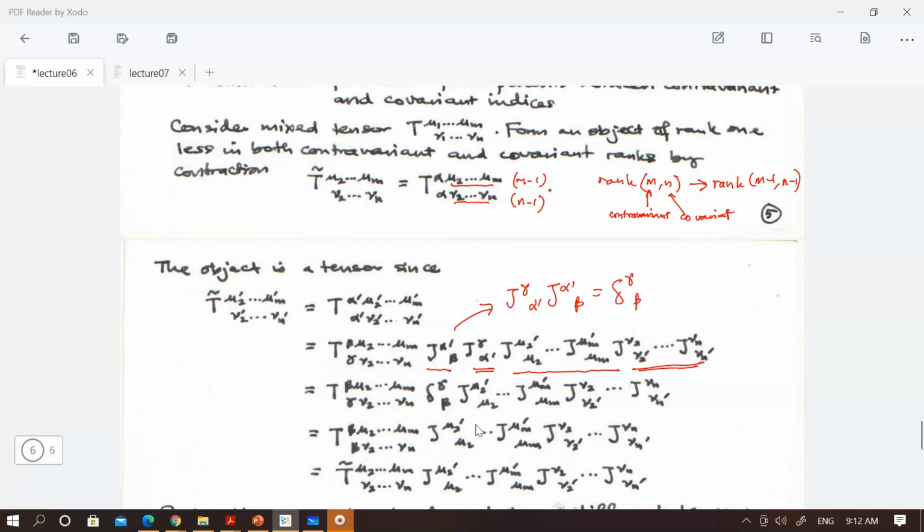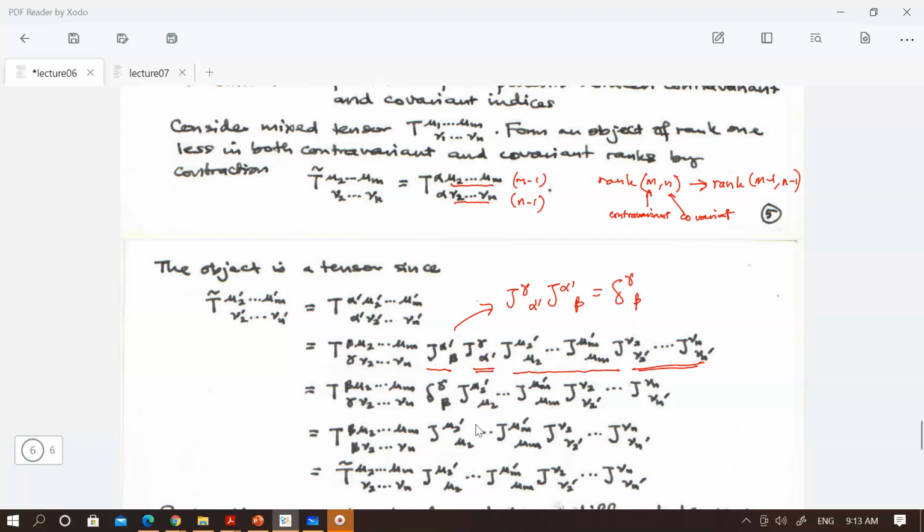Okay, so by transferring the dummy index on the Jacobians, so to speak, we produce a Kronecker delta, which will now contract with this beta and gamma that we have introduced earlier.